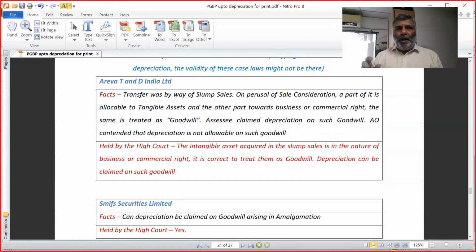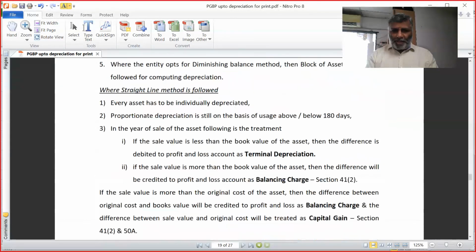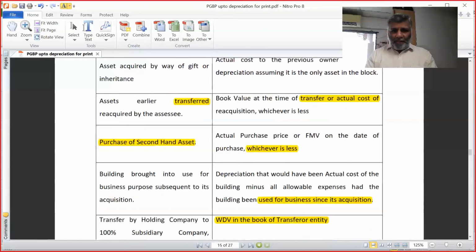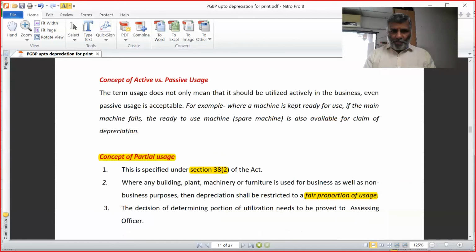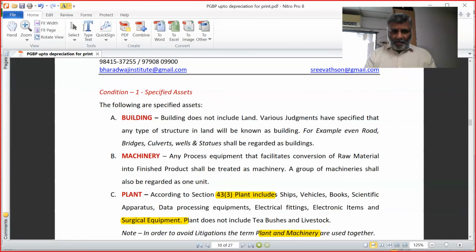One of the case laws is in Ariva T and D, and in Dr. Ravindranath case law and all. When we look at income tax intangible, the definition of intangible, when we saw yesterday, is very interesting.